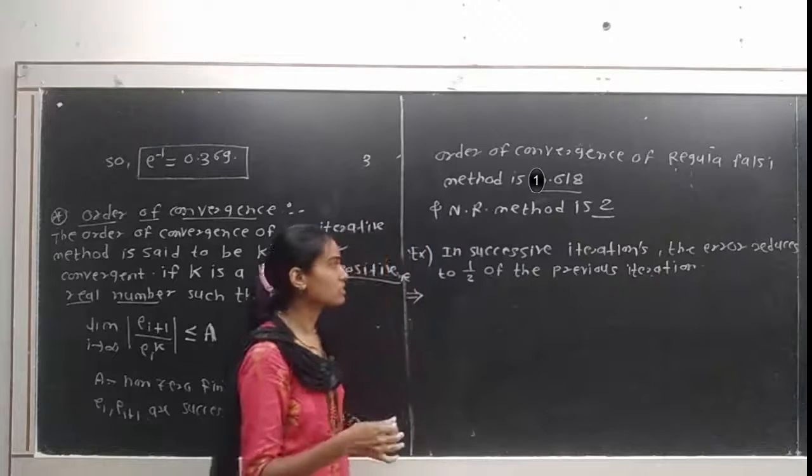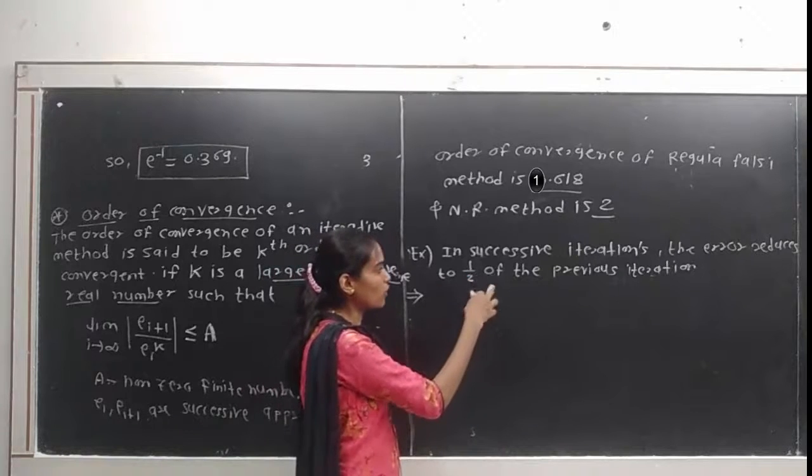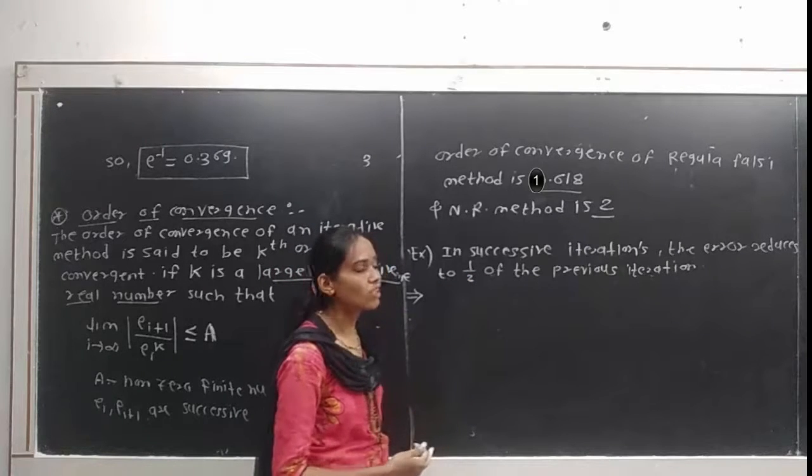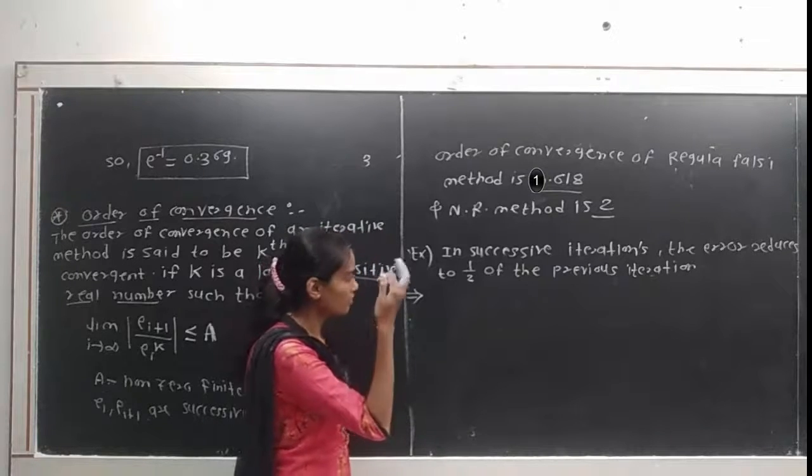Then find the order of convergence of that method. Here it is given that in successive iterations the error reduces to 1 by 2 of the previous iteration. Then we have to find the order or the rate of convergence of that method.